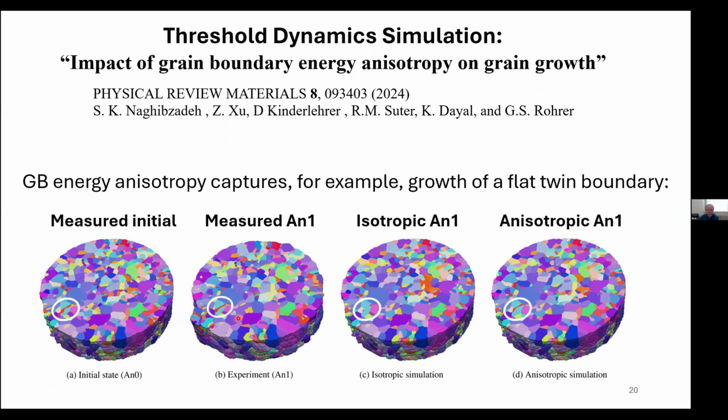This red twin boundary. It was pretty wispy in this case, and it grew a bit in this case. And then these two are the results of simulations. This is an isotropic simulation in which all the grain boundaries have the same energy, and that twin goes away.